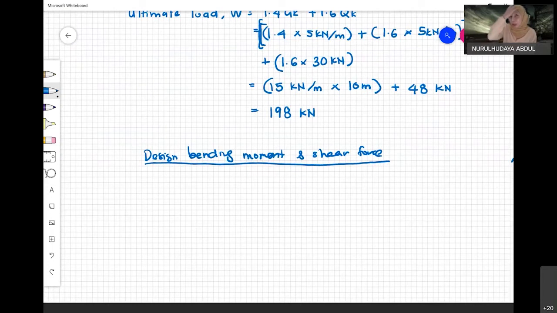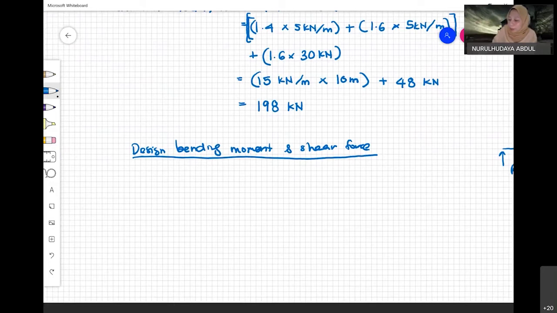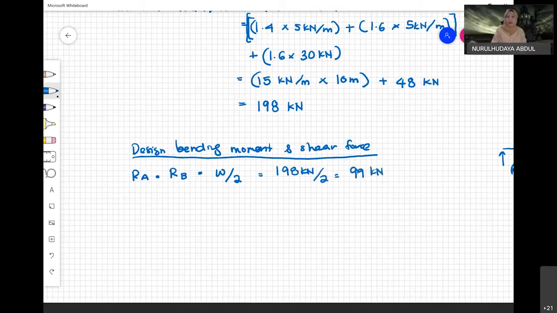Sebab dia betul-betul symmetry. Okay, so kita just boleh simply je, tak perlu susah-susah nak cari reaction or whatsoever sebab this is symmetry. RA equal to RB. So it is 99 kilonewton.